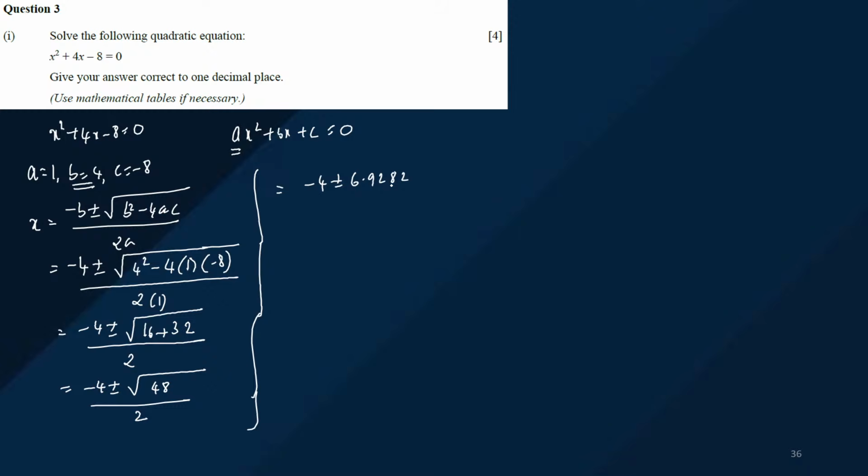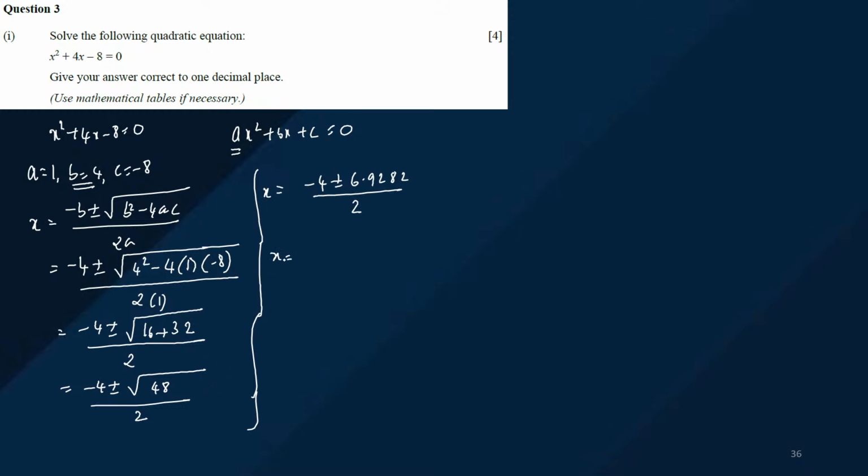You have to take the values from the table and you have to write all the decimal places. Don't round it off. You have to write all the decimal places. So divided by 2, that is x.